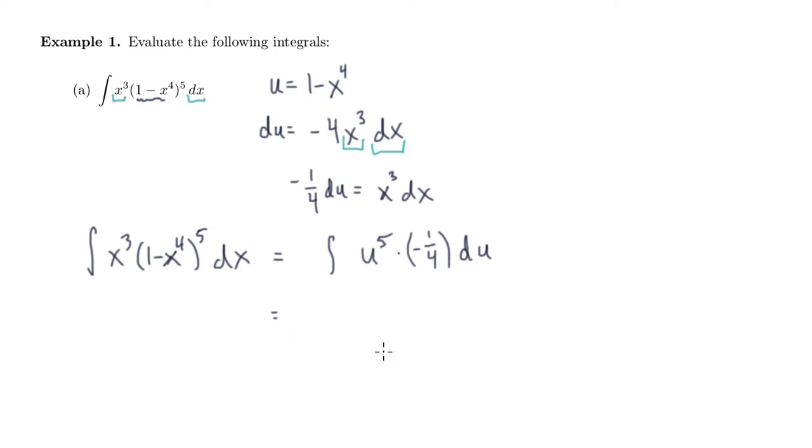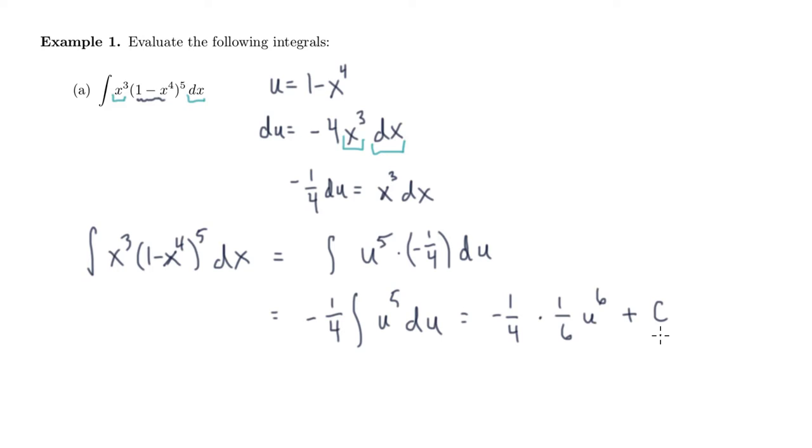And since negative 1/4 is just a constant multiple of the function u to the 5th, I can factor it out of the integral. And I'm really just looking for an antiderivative of u to the 5th du. But that I know how to do. So this is just negative 1/4. U to the 5th becomes 1/6 u to the 6th plus c.